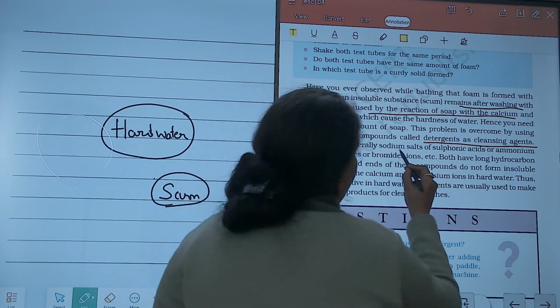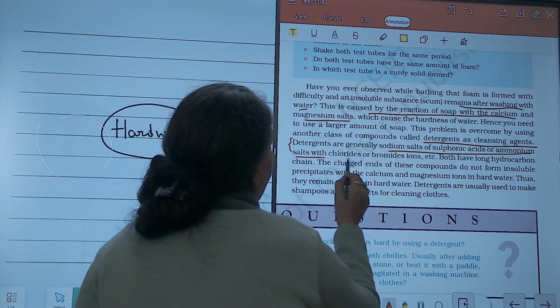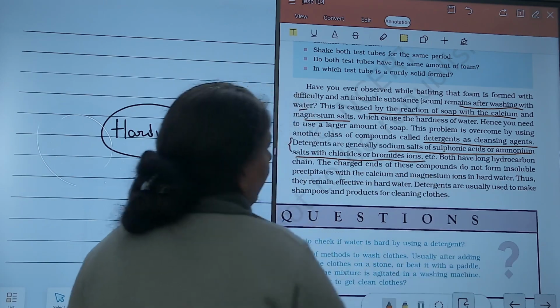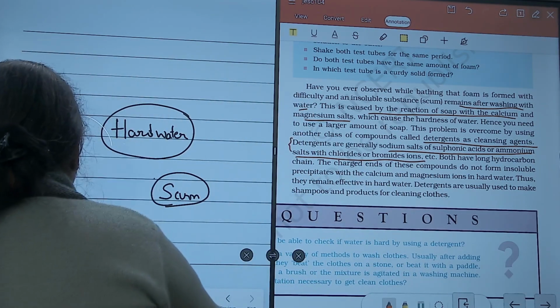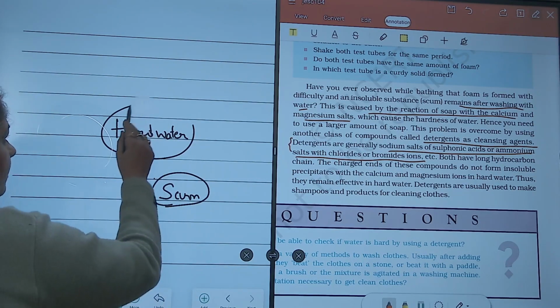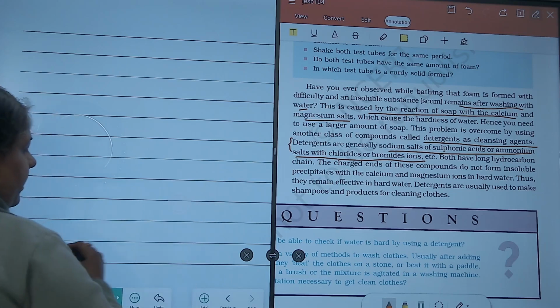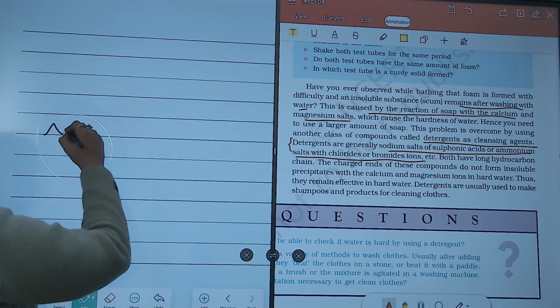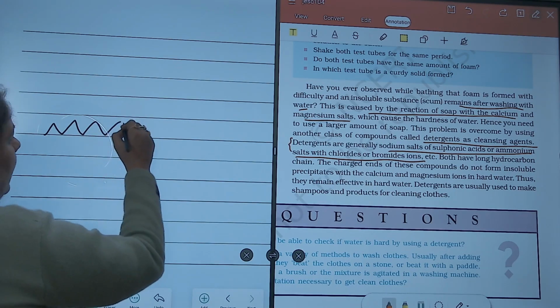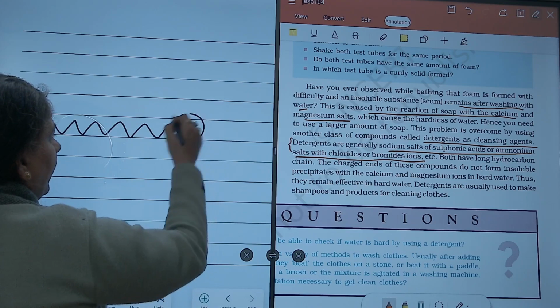Detergents are generally sodium salts of sulfonic acid or ammonium salts with chloride or bromide ions. So, you must remember what detergents are. See, detergents will look somewhat like this. They will also have a long hydrocarbon chain, and the ionic part will be different.